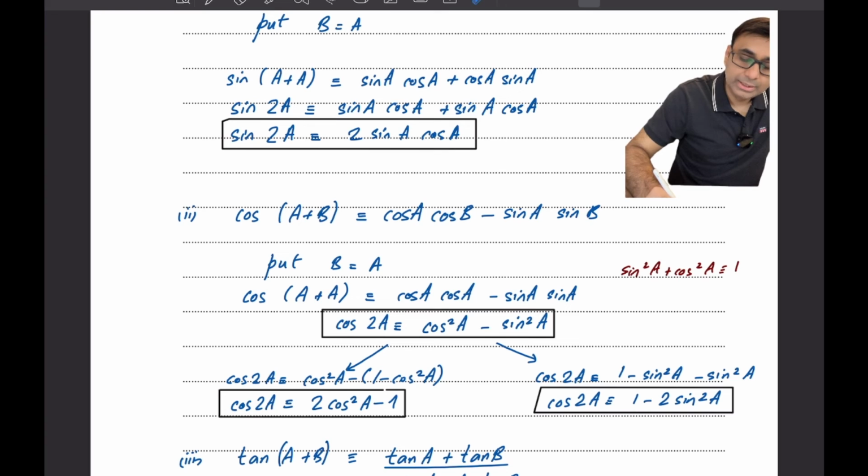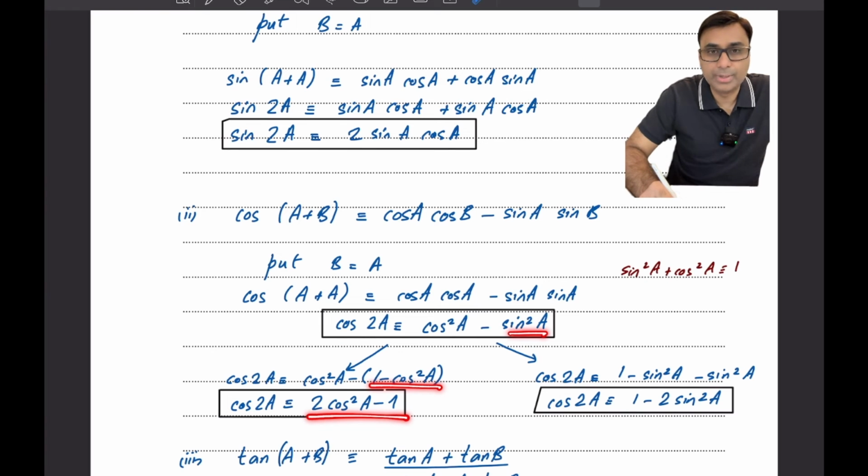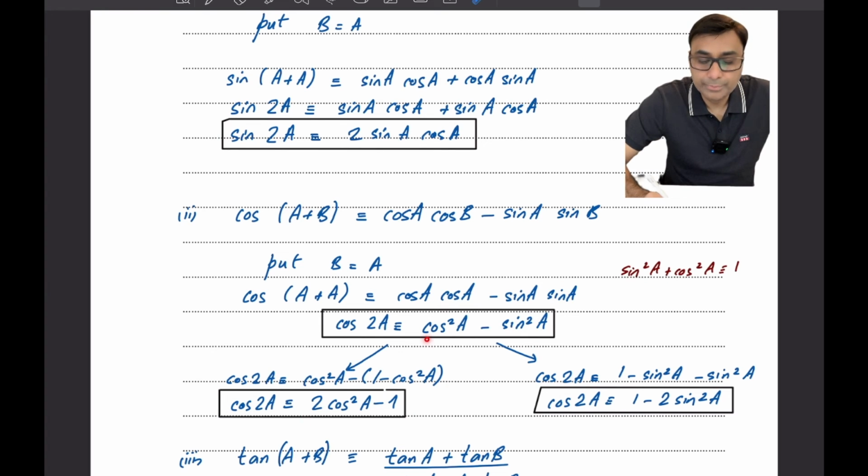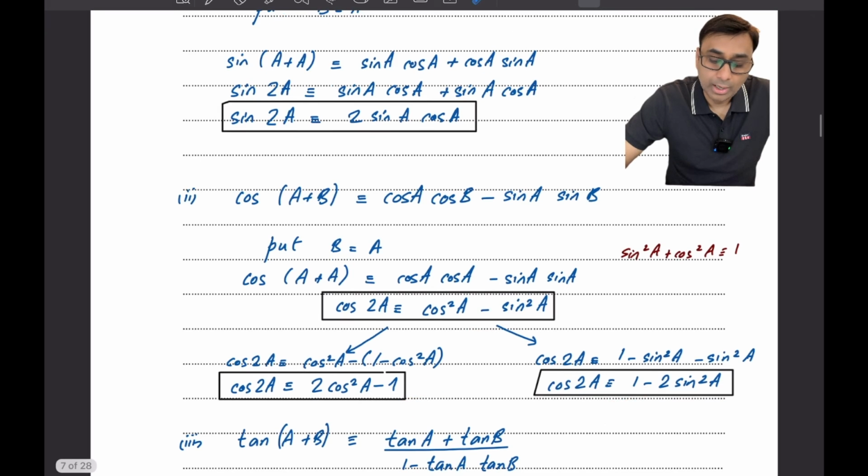So if I replace sine square by 1 minus cos square, this simplifies to 2 cos square a minus 1. And if I replace cos square a by 1 minus sine square a, it becomes 1 minus 2 sine square a. These are very, very important formulas, the double angle formulas. But yes, as far as cos 2a is concerned, you can rewrite it into 3 different forms.